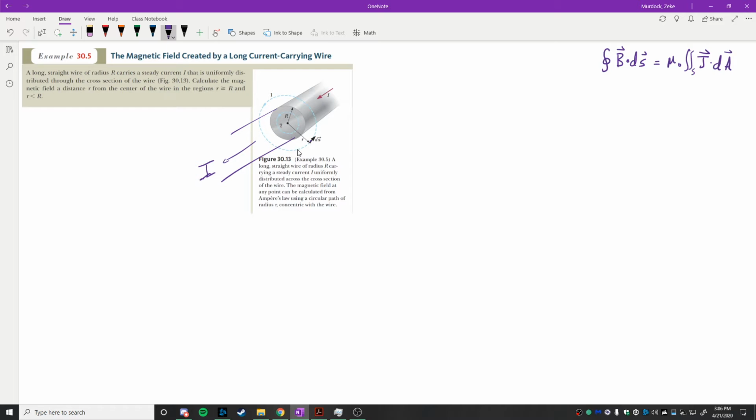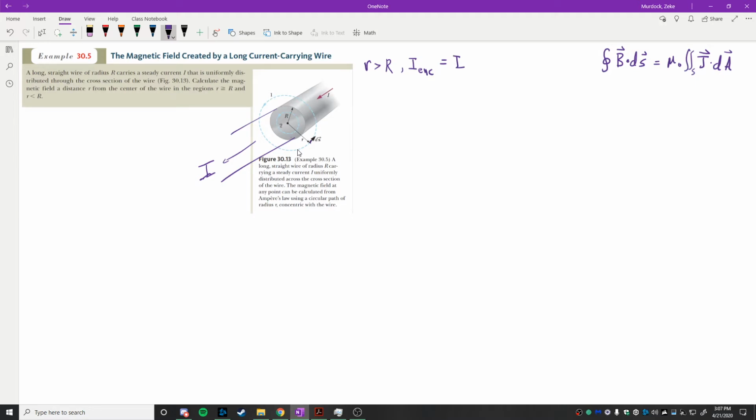The first thing I'm going to say is that the direction of the path is going to be the direction pointed by this ds thing right here. And that if we choose the region where the radius r, little r, is greater than big R, then I would say that the amount of current enclosed would just be equal to the current I in that region.